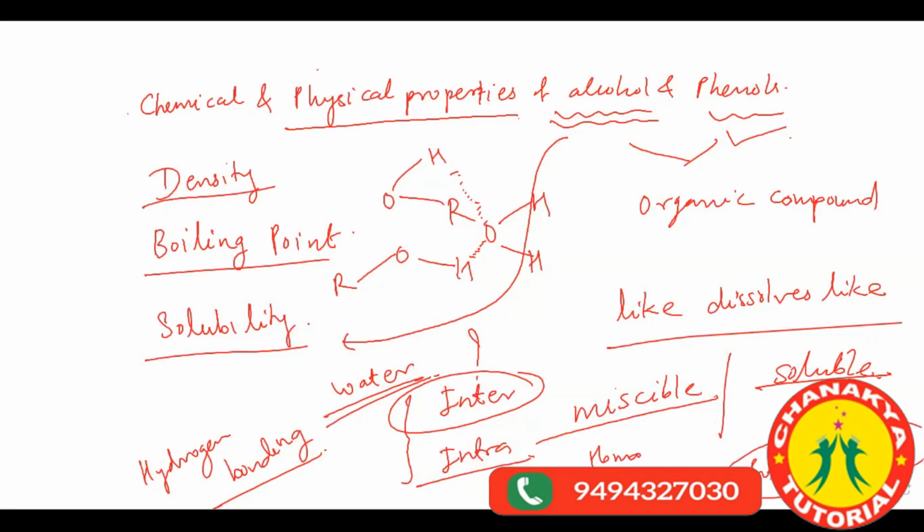And when a liquid gets dissolved into another liquid, you use the word miscible. Got it? It is very basic, you should be aware of it. I hope you understand why alcohol and phenol get dissolved in water. It is due to hydrogen bonding.